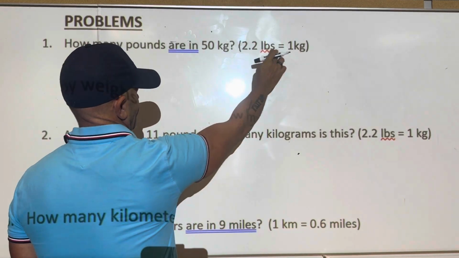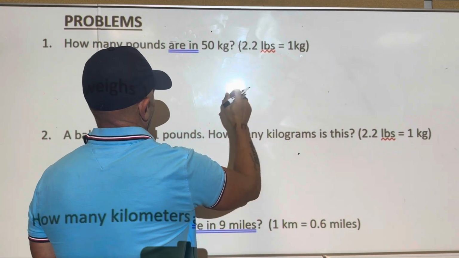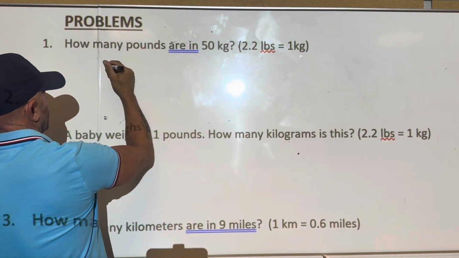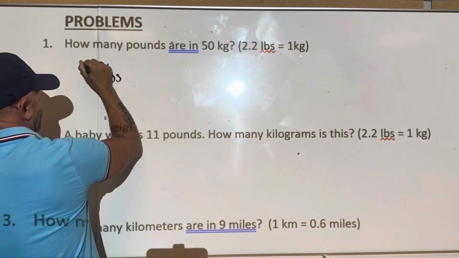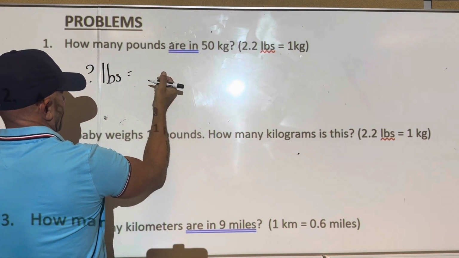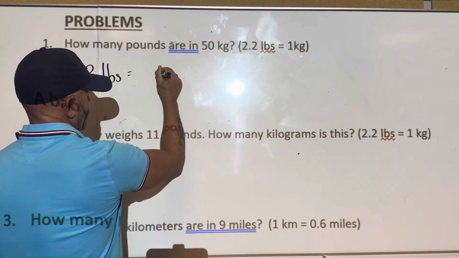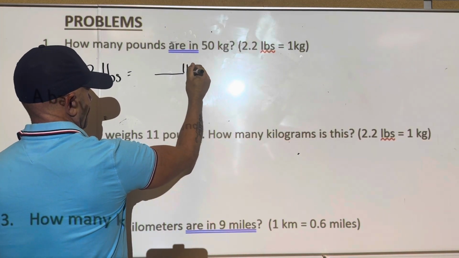So we have 2.2 pounds is 1 kilogram. We're looking for pounds. So we know, as I said before, pounds is what we're looking for, right? Remember, first thing that goes is pounds.